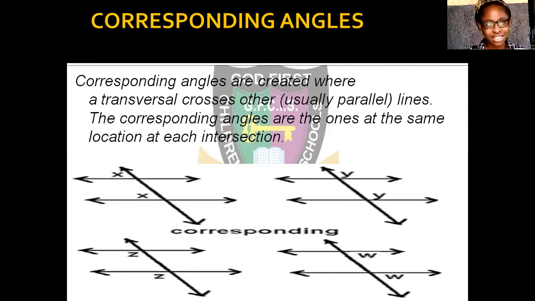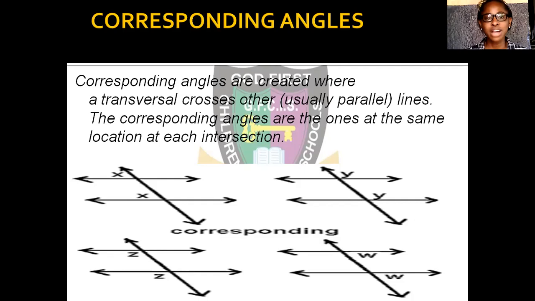And they are equal. Don't forget again, corresponding angles are those angles that lie side by side once the transversal line has crossed the parallel lines. The angles side by side are called corresponding angles, and they are equal.